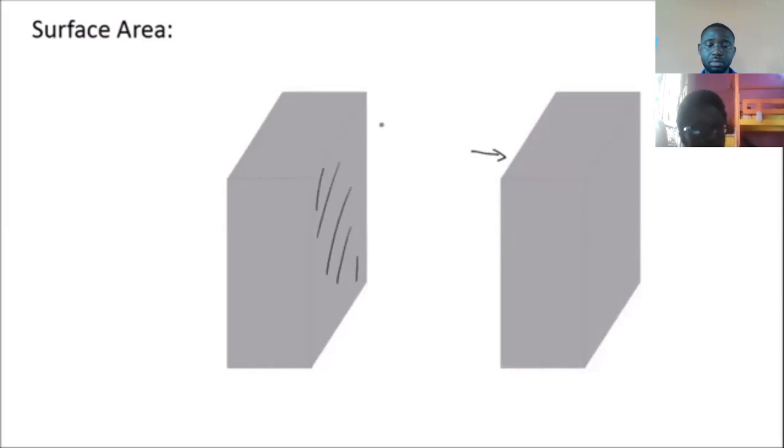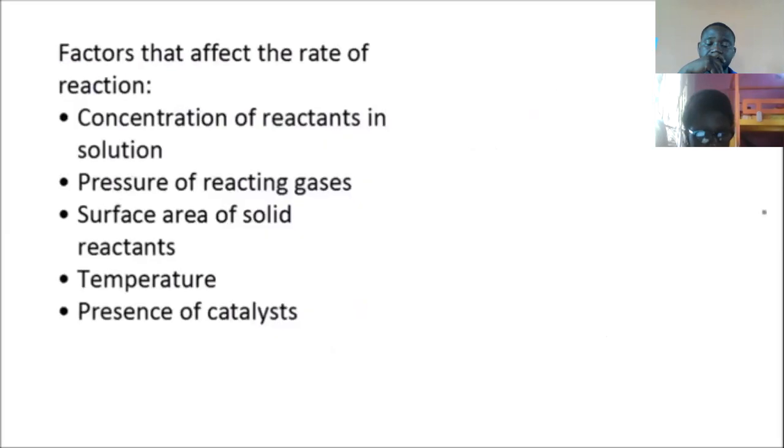And the more exposed surface area that you have, the more likely a collision can happen, because now there are more places for a collision to happen. There's a whole other surface here where things can collide with it. So by cutting it in half, I have increased its surface area to volume ratio, and that will increase the rate of reaction due to a higher frequency of collisions. So let's sum up where we are so far.